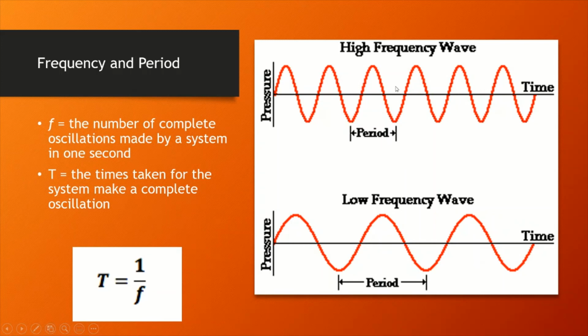A wave that is of high frequency, the period will be short. A wave that is of low frequency, the period will be long. So I repeat, frequency and period are inversely proportional to one another.